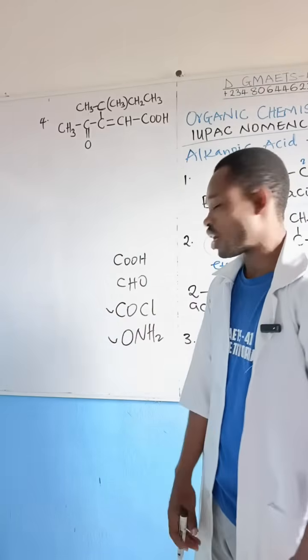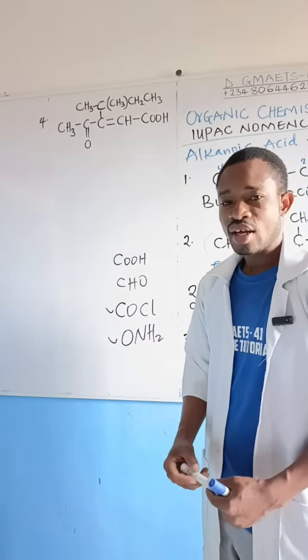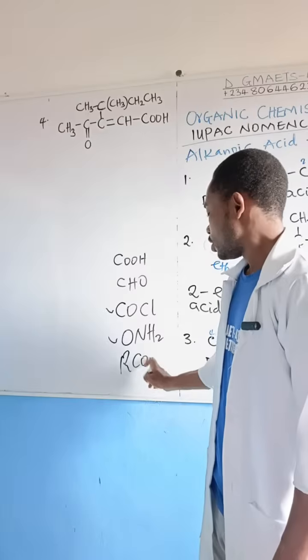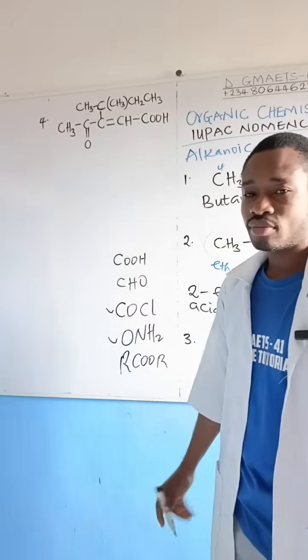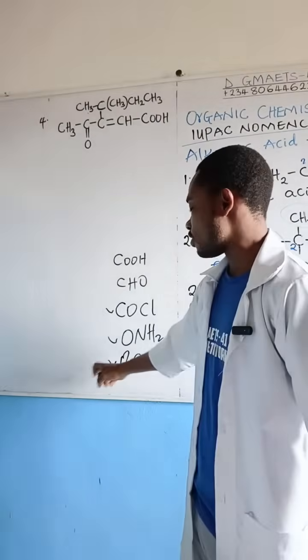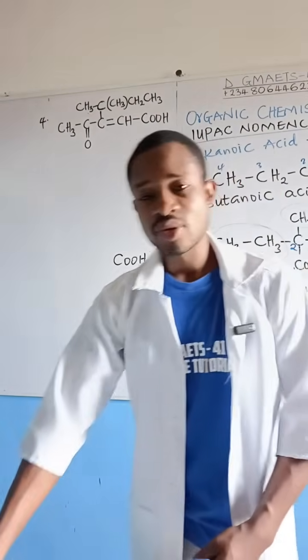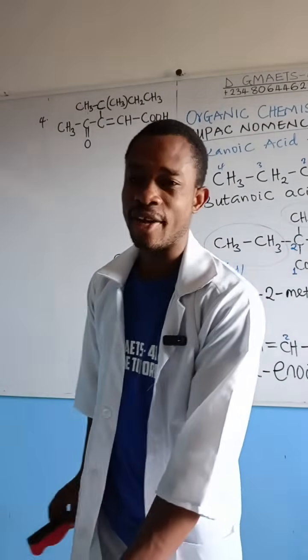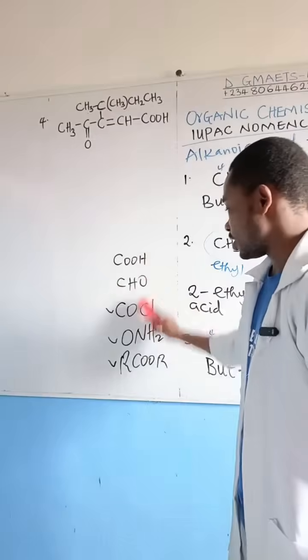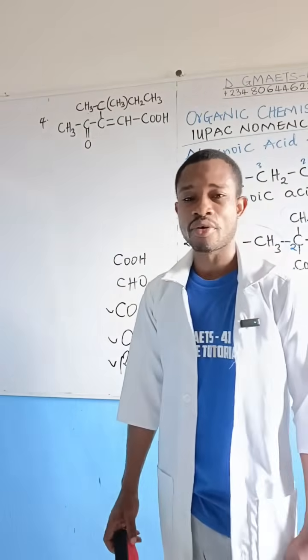This one, alkanoate, is also a terminal functional group. So whenever you see them, they are derivatives of alkanoic acid, and you give preference to them as the parent. These are all terminal functional groups.